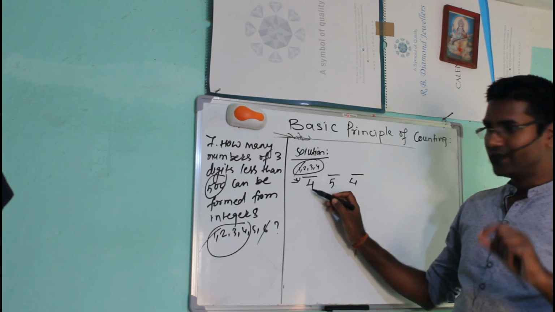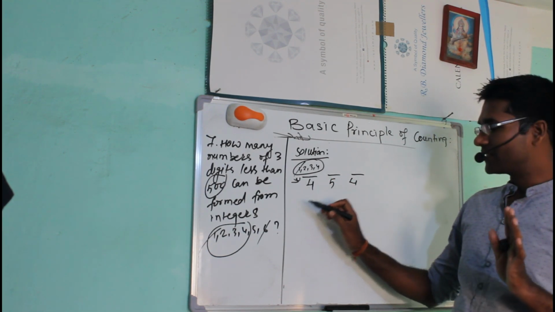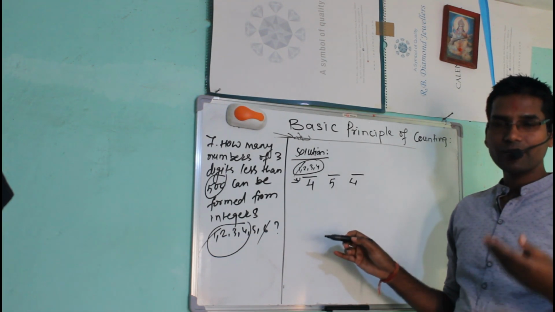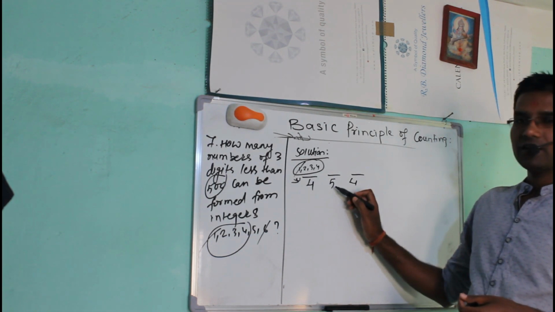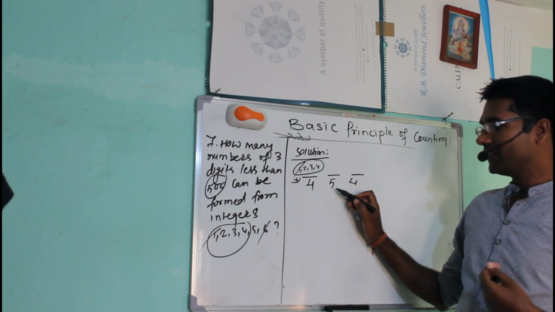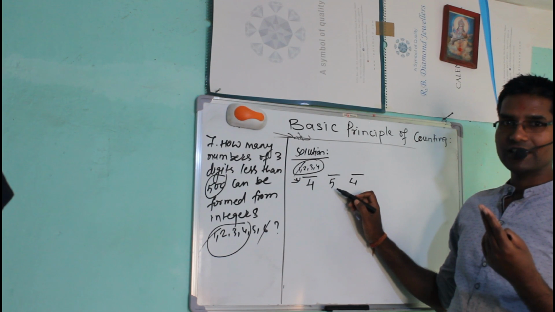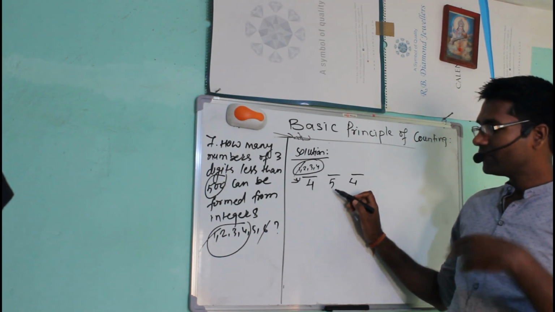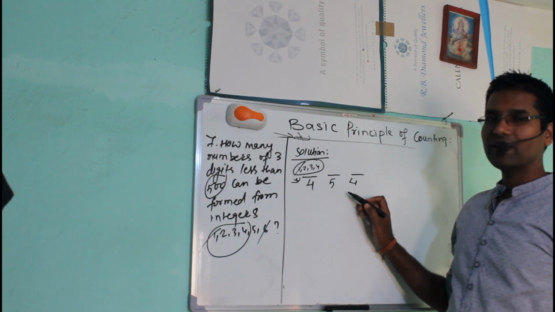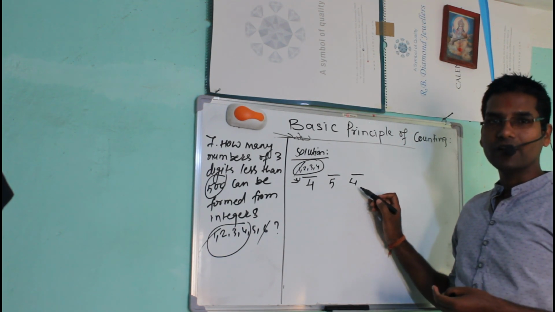After choosing one of them, there will be 5 numbers remaining. Any one of the remaining 5 can be chosen for the 2nd place, that is the 10s place. Now we have chosen 2 digits from the 6 integers, so the remaining 4 will be the choices for the unit place.